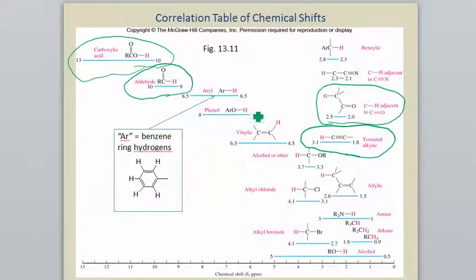One final thing here, this AR does not stand for argon. It stands for the word aryl, and aryl in turn refers to compounds related to benzene. Benzene is what you would get if this were a 6th hydrogen, and so these hydrogens that are attached to this 6-membered ring with the alternating double bonds, that's called a benzene ring.